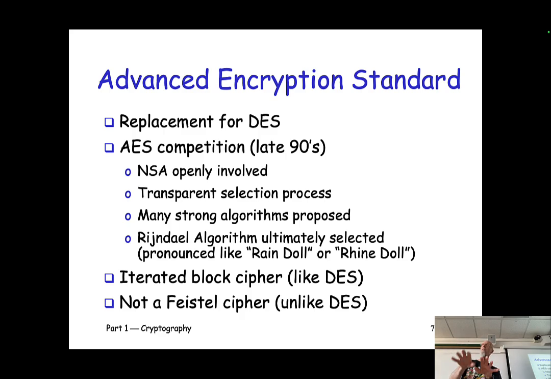So efficiency matters in this competition. So the winner of the AES competition, they chose not to do a Feistel cipher. They want to affect all of the bits each round. Okay, that's great, but the downside is now you have to worry about how do you reverse it. You have to make everything invertible, so it makes it much more complicated to design such a cipher.